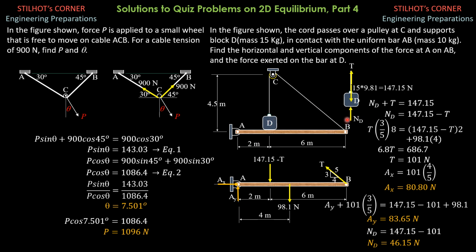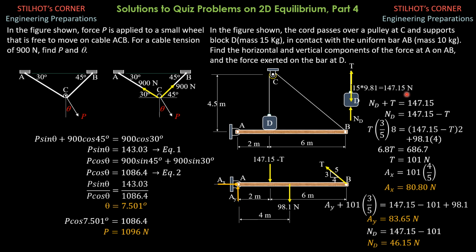So I'll call that ND. Of course, we expect compression, because if you put your foot over that block D, it will be pressed, so compression like that. Summation of forces vertical equals 0. It is ND plus T equals 15 times 9.81, and that is 147.15.